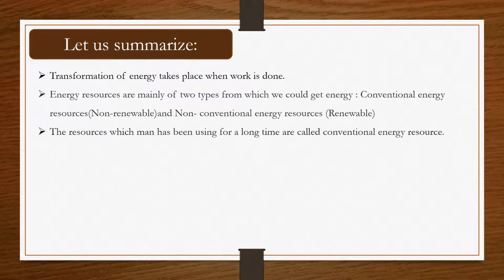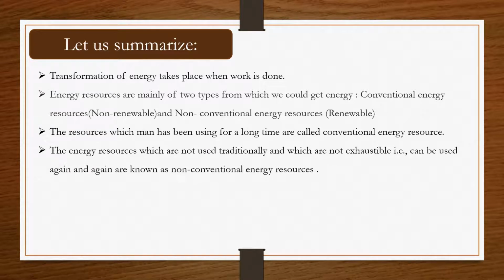Then the resources which man has been using for a long time are called conventional energy resources, and the energy resources which are not used traditionally and which are not exhaustible, that is can be used again and again, are known as non-conventional energy resources.